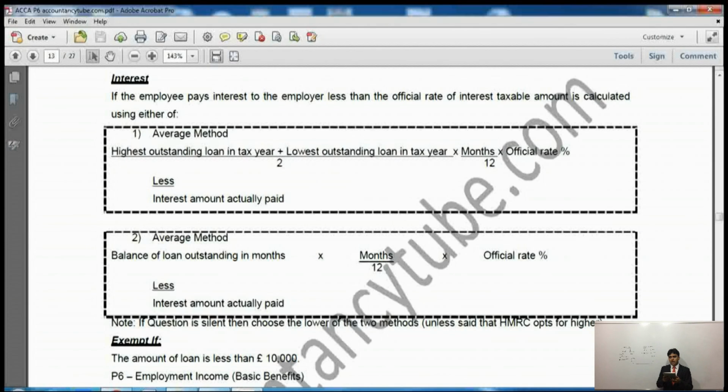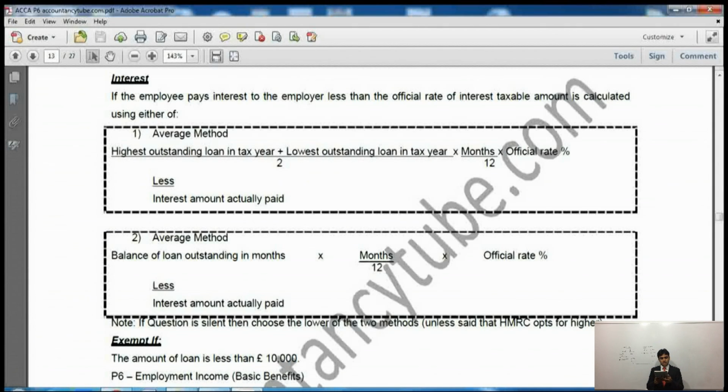Now the second method is the outstanding in a month method. It is not the average method. It is outstanding in a month, or monthly method, you can say. So whatever is outstanding in a month, you will have to see each and every month how much is outstanding, and then calculate the interest.